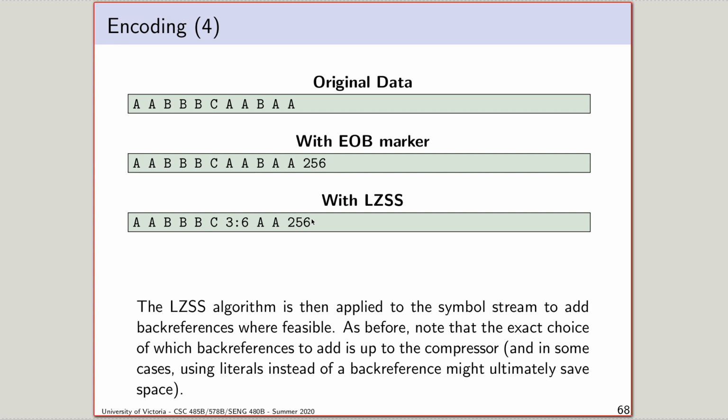Just like before, I'm going to point out that which back references you add is your compressor's decision. You can choose to ignore certain ones. You can choose to stop looking after a while. You could decide only to look a certain distance back or only for ones of a certain length. You have to make sure you write code that is generating some back references because that's a learning outcome. But you are free to ignore certain ones or to use special optimization logic that avoids generating back references that are not practical for some reason.